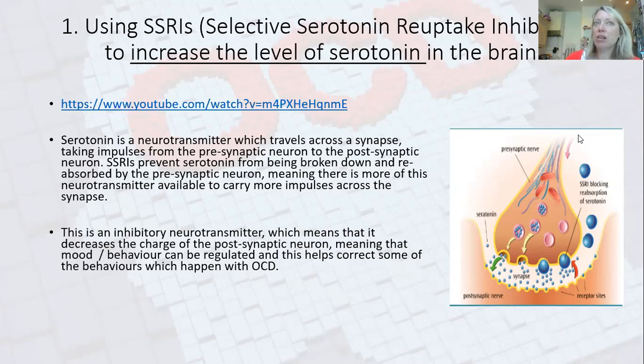So the more serotonin you've got going across that synapse, the more effectively it can stop your postsynaptic neuron from firing, and the better it can control mood and regulate everything and keep us calmer and less anxious.